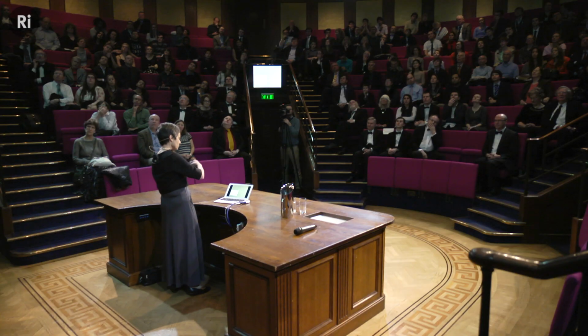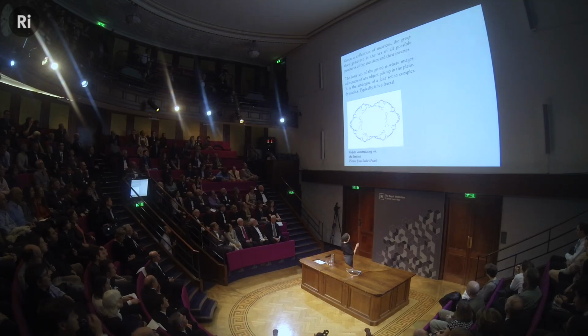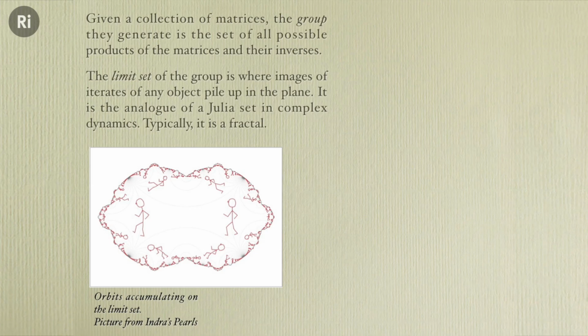Now I need to introduce another idea. That was one isometry. Supposing I had two or several isometries, and I do a bit of one and a bit of another and a bit of another, and I keep going with them, and I allow them to go backwards as well, and I pick up a picture of this poor man and I transport him around. He's got one thing pushing him one way and another thing pushing him another way, and he gets twiddled around.